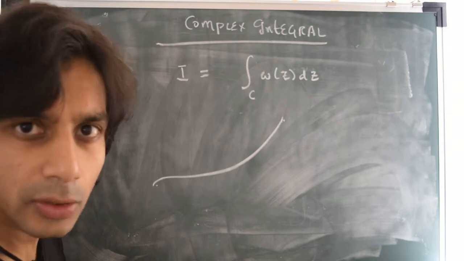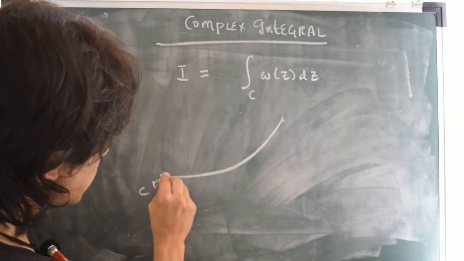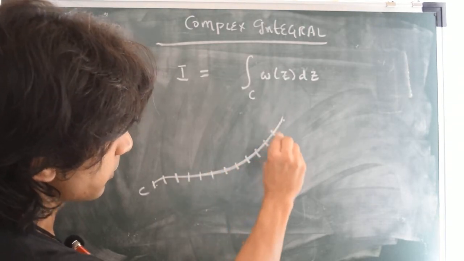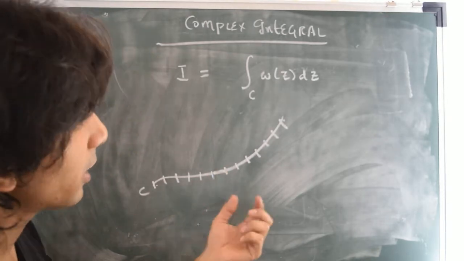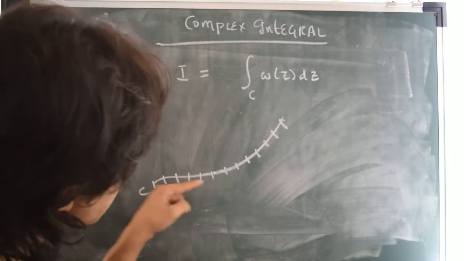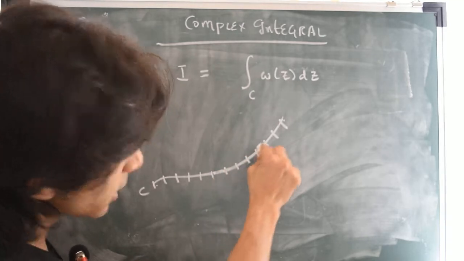The idea is very similar to that of a Riemann sum. So we have some curve C, and we dissect it into small intervals, for instance in this manner, and each of these intervals is denoted by a complex number dz. So it has both a magnitude and a direction, and we'll assume that all these have similar lengths or magnitudes, but as we can see, the directions keep changing.